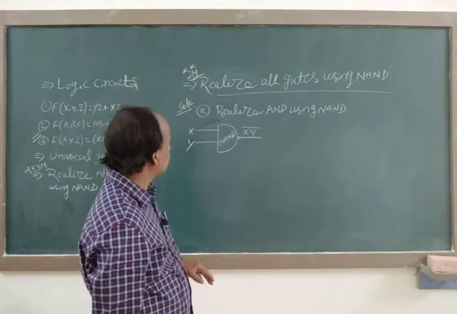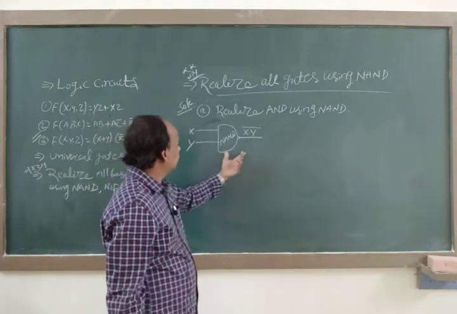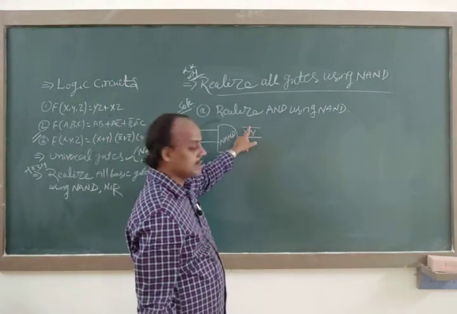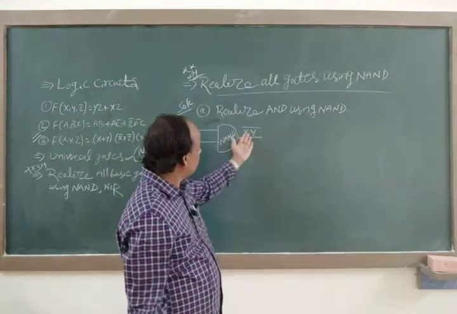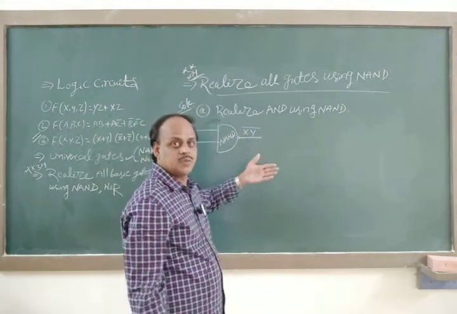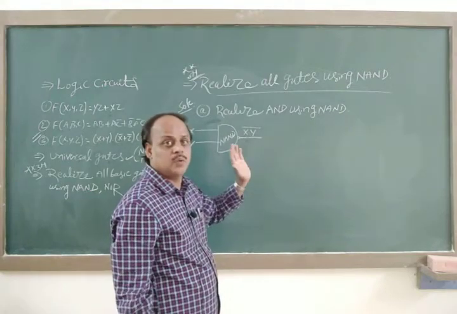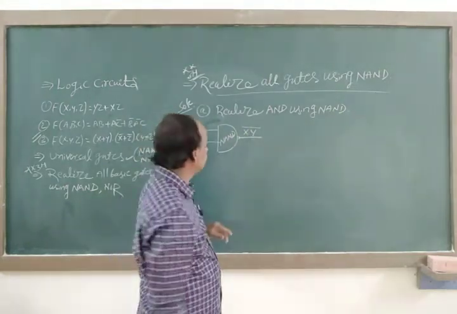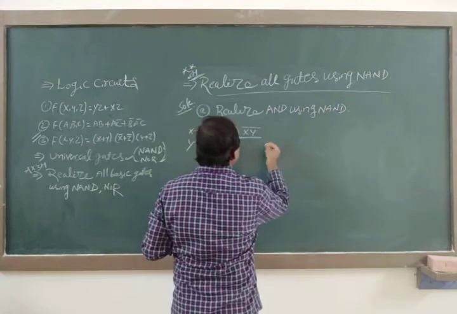So how to get x into y? This is the NAND gate. From NAND we are getting x into y whole bar. Now pass this output to another NAND gate, because we have to realize AND using only NAND, right? So take another NAND gate.